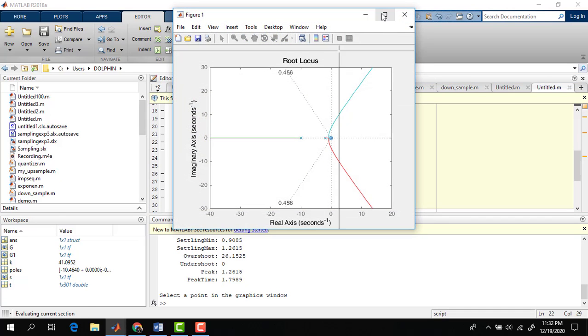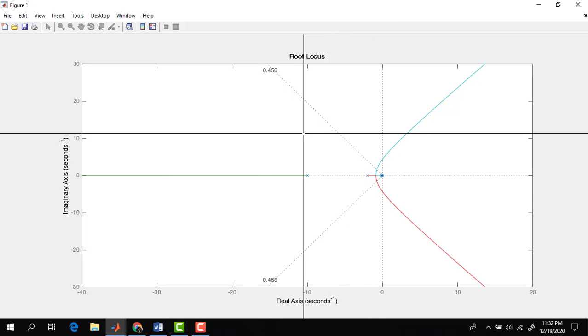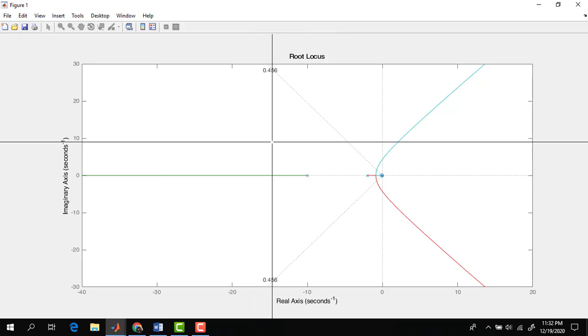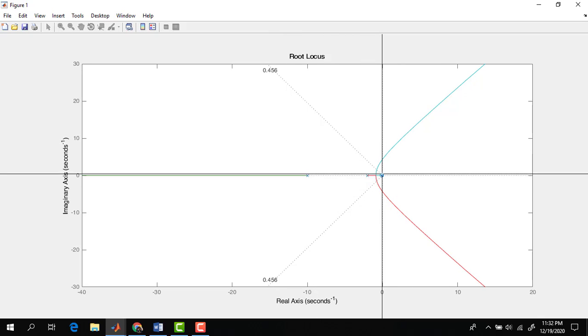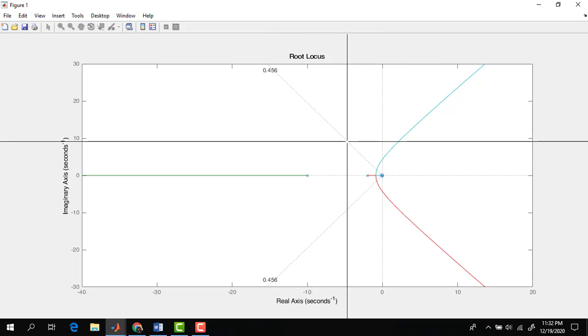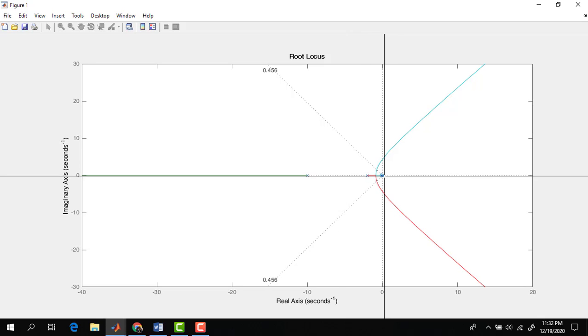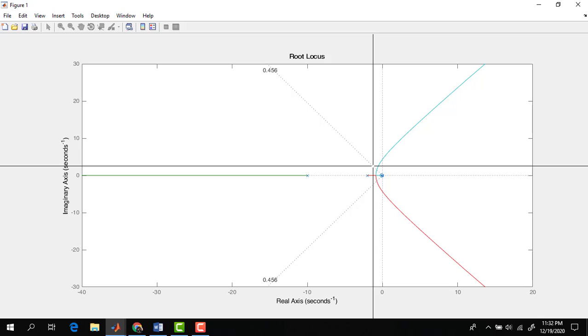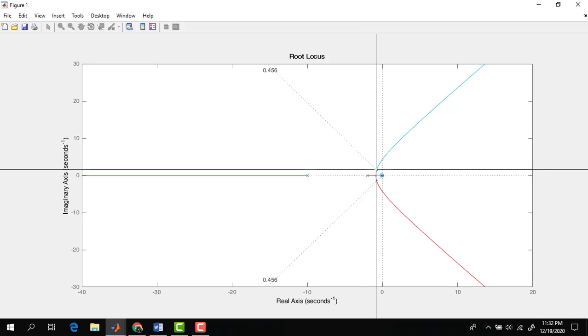So again there is a root locus and a cursor due to rlocfind. This time the root locus is a bit different because some modifications are done, but there is still a dashed line due to the sgrid command, and on this line, as I have said, every point has the same zeta value. So our task is again to be very specific and choose the intersection point.